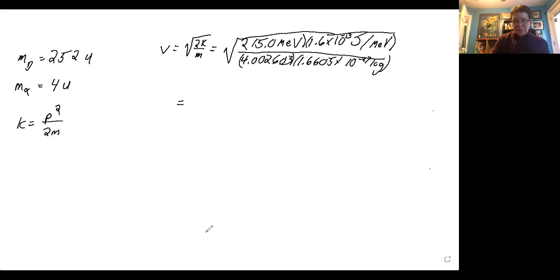And then you're taking the square root of that. And so that's 8.5 times 10 to the 6th meters per second. So that's subrelativistic. So you can use this version, relating kinetic energy to momentum.